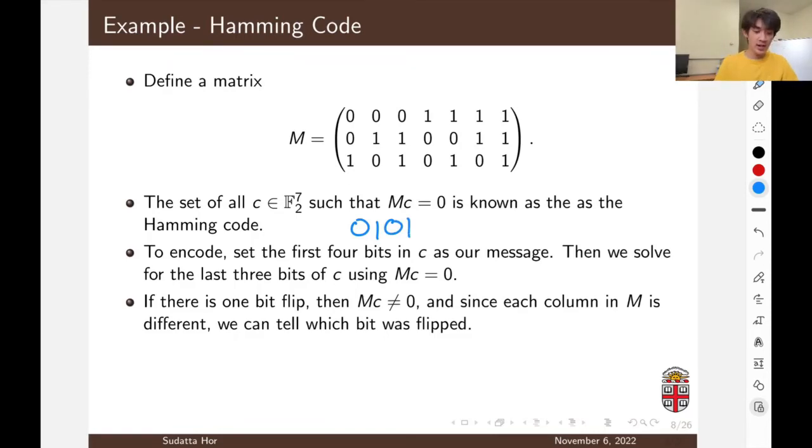We set the first 4 bits in C as our message, and the next 3 are defined by MC equals 0. We can notice that if there is 1 bit flip, then each column of M is different, so we can tell which bit is flipped.